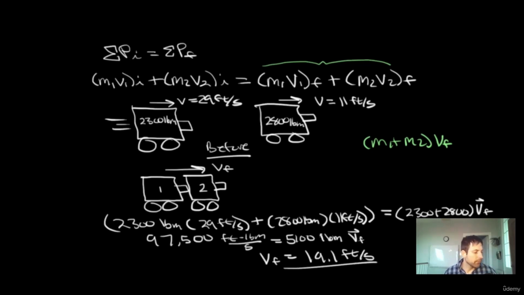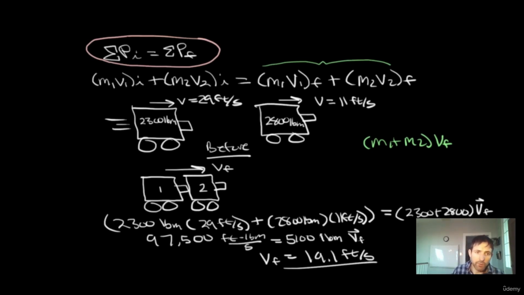So this is the concept of the conservation of momentum. What you really need to understand is that the sum of the momentum initial is going to equal the sum of the momentum final. That's before impact, after impact. And you can see we can separate that out since we know that momentum is mass times velocity.